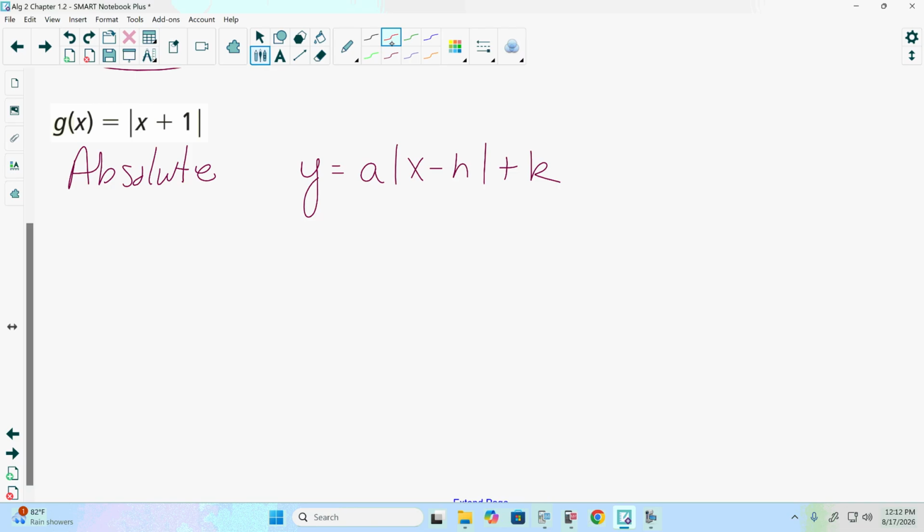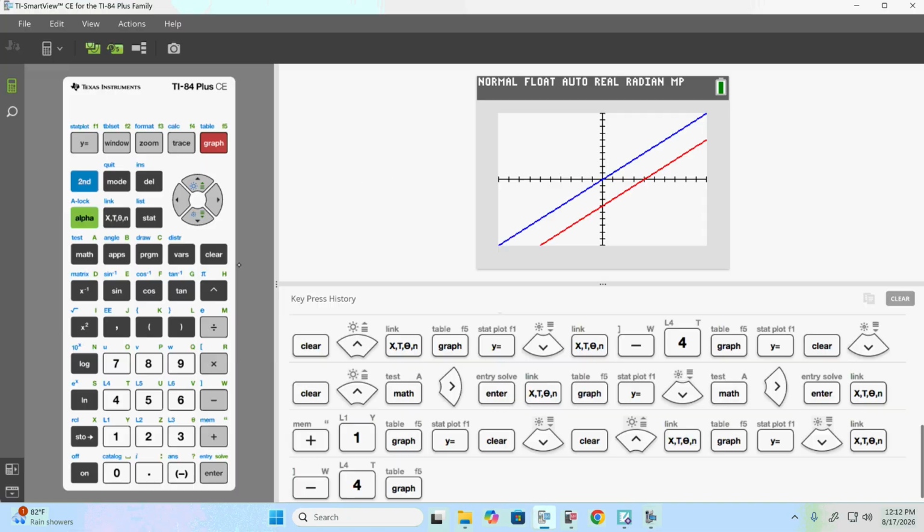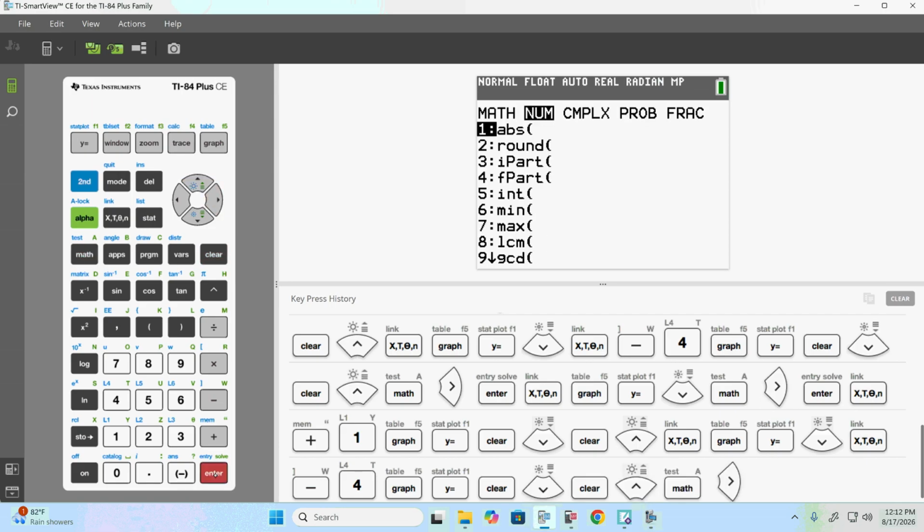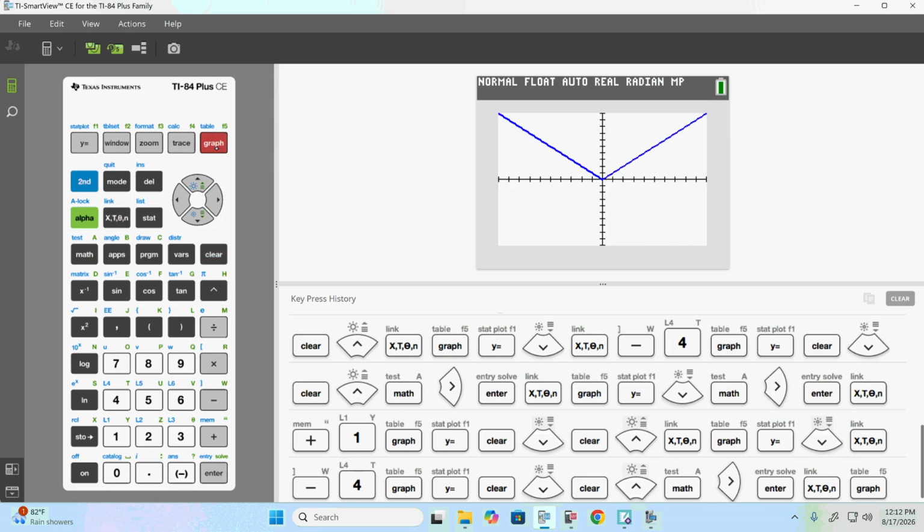But there is a value for h, because we do have something being added inside the absolute value, yes? And that number is 1. Now we need to figure out if we're moving to the left or to the right. It takes a few more keystrokes to get absolute value in here. Oh, we do have the absolute value function, yes?